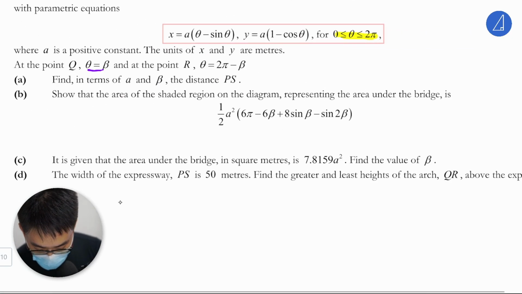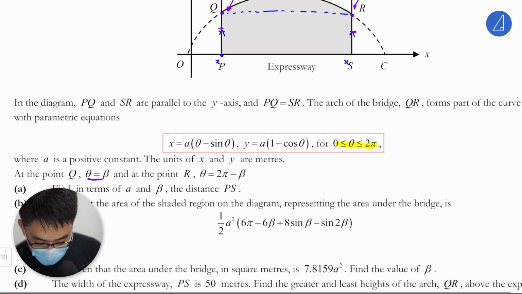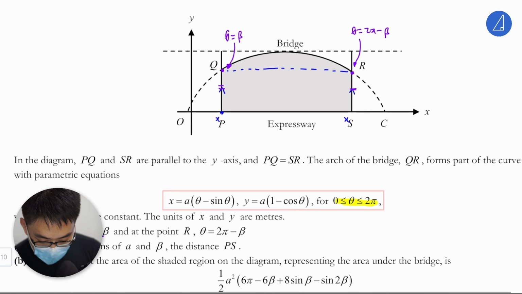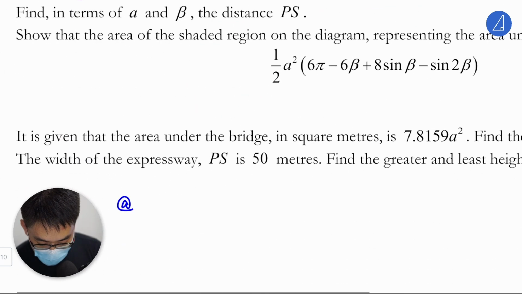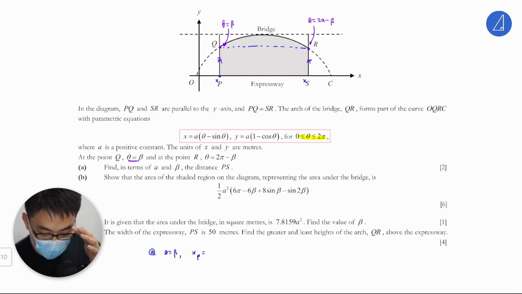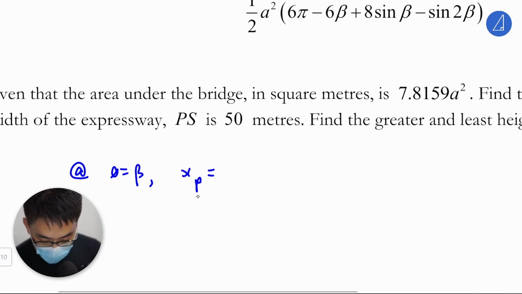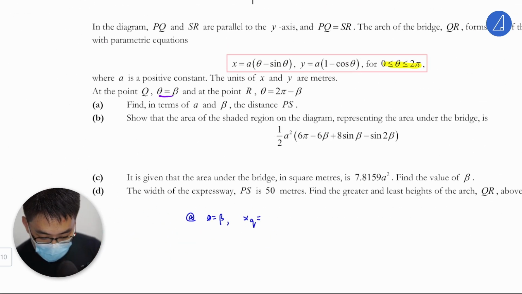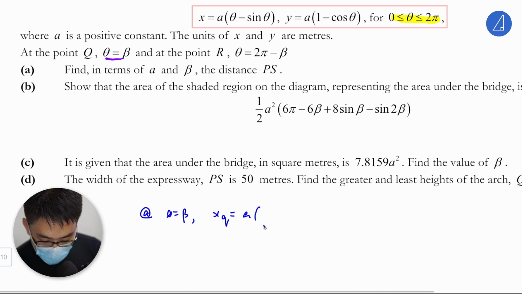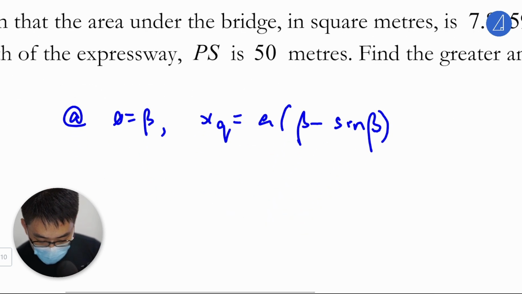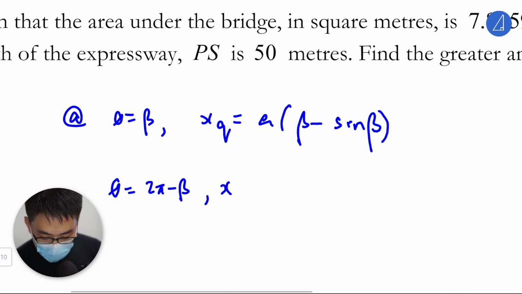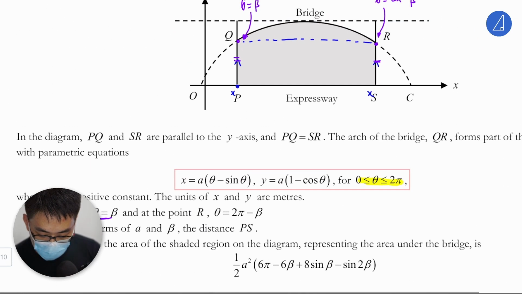So let's say XP: when theta goes to beta, XP equals the x coordinate at Q, which is A(beta minus sine beta). And XR is at 2 pi minus beta.